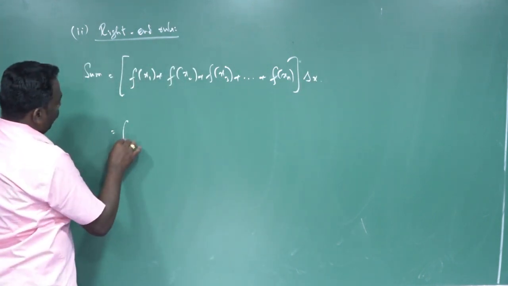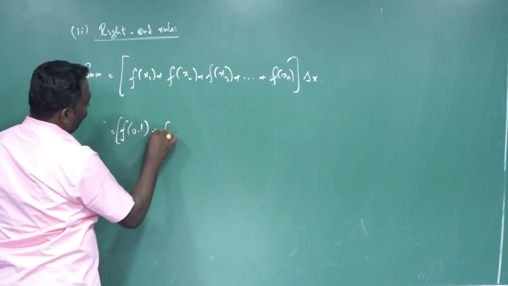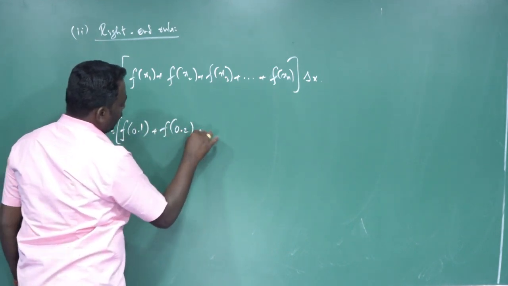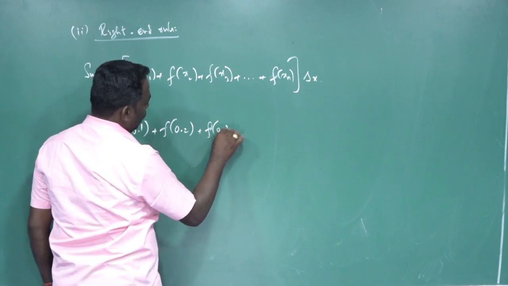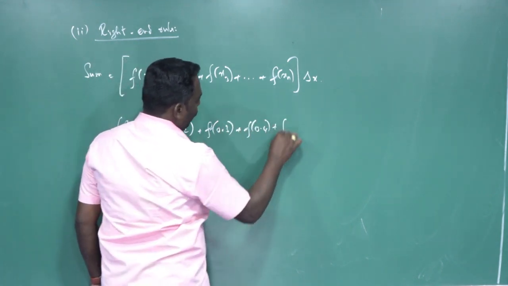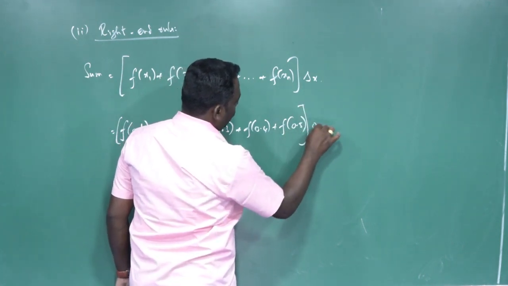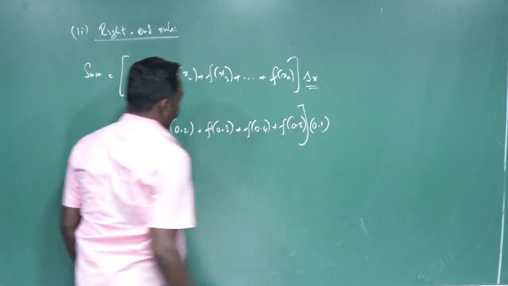That is equal to f of x1 equals 0.1 plus f of x2 equals 0.2 plus f of x3 equals 0.3 plus f of x4 equals 0.4 plus f of x5 equals 0.5, into 0.1, which is the delta x value.